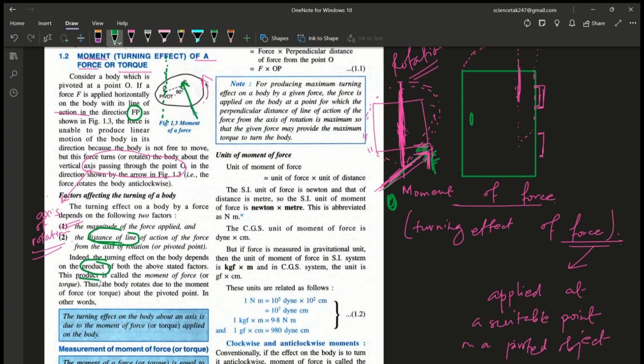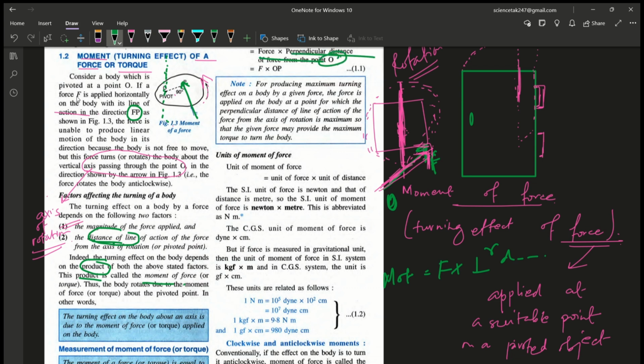What is the product supposed to be? This product is the moment of force. You write moment of force as force into the perpendicular distance between the line of action of force and the axis of rotation. Perpendicular distance of force from the point O, which is the axis of rotation.